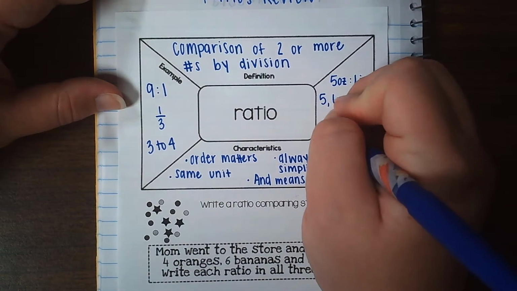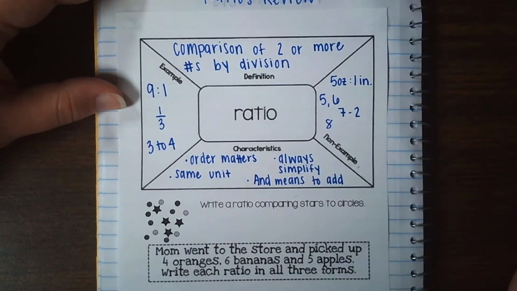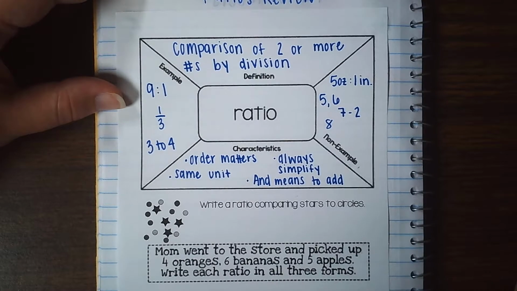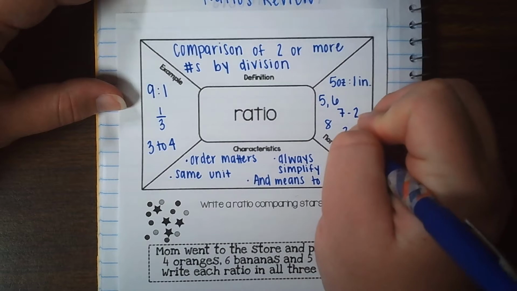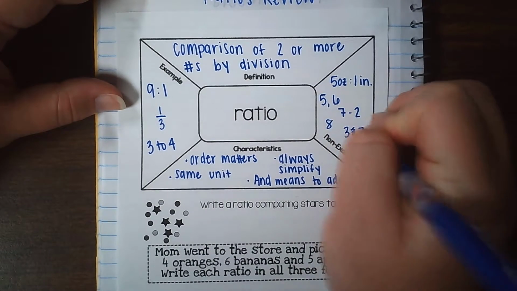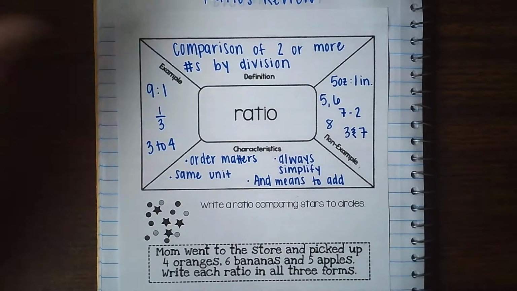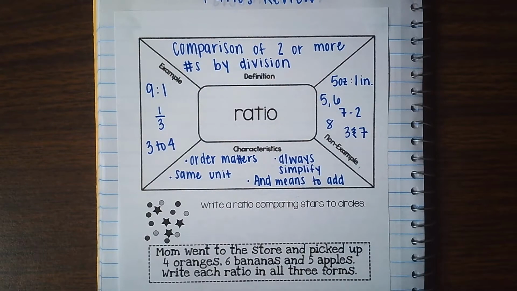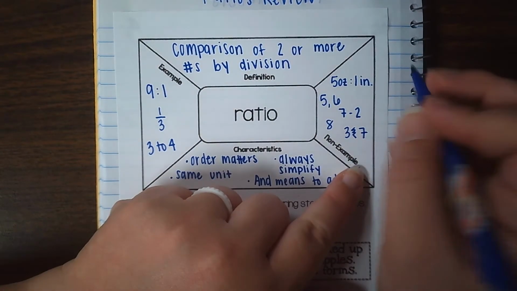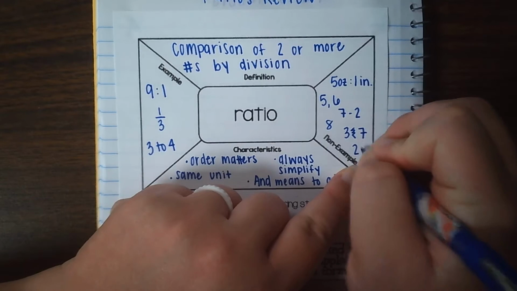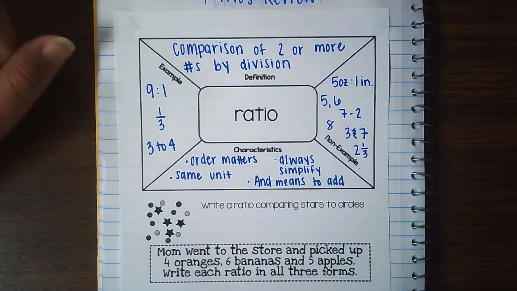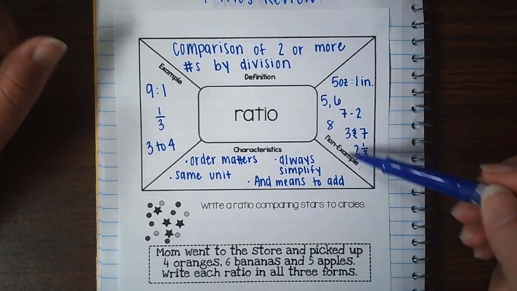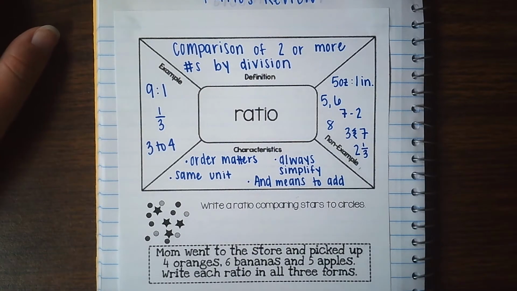We cannot just have one number. We cannot use our and symbol to separate. And last, we cannot make it a mixed number. So if this was 7 to 3, we could not simplify it to 2 1/3.